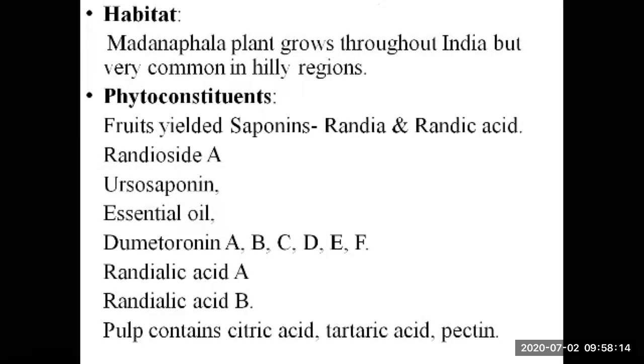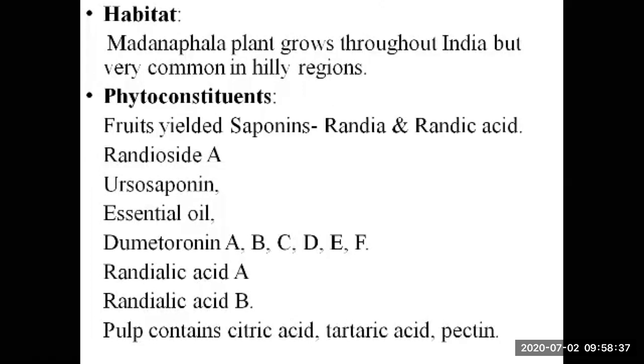Okay. So there are research activities which were carried out on Madanaphala from the different regions, like Jangala Desha, Anupadesha, or Sadharana Desha. They collected the Madanaphala and did the samskara. After that, they used it for Vamana karma.